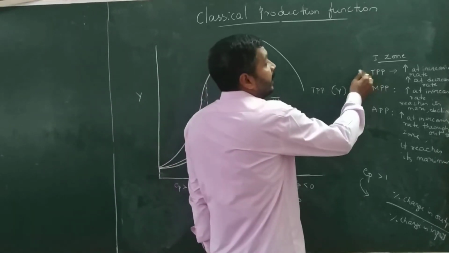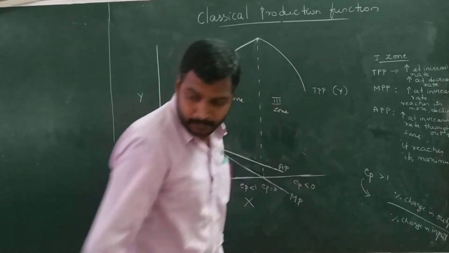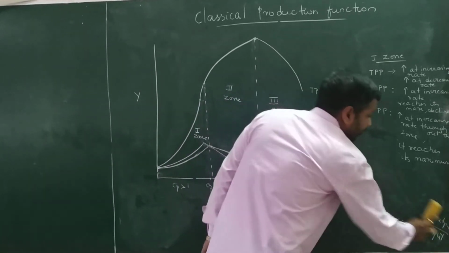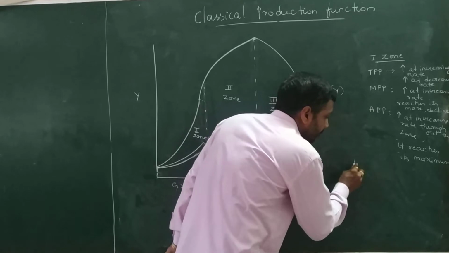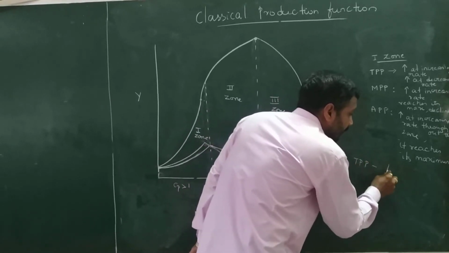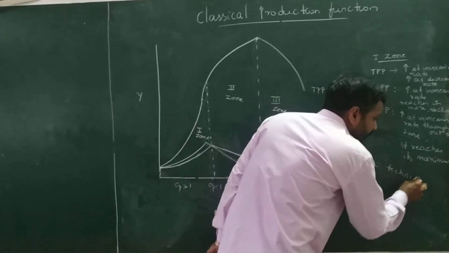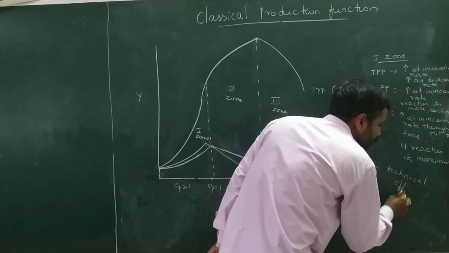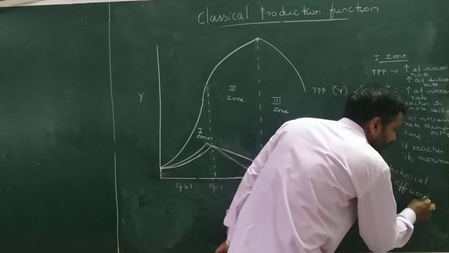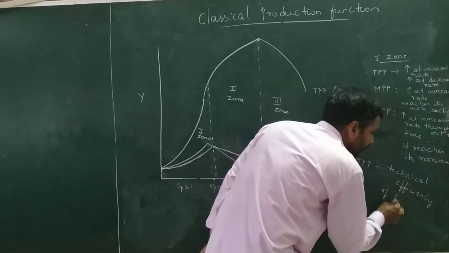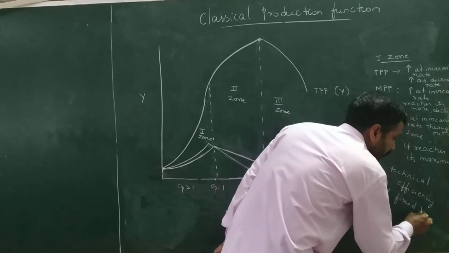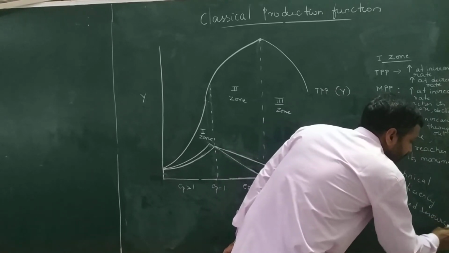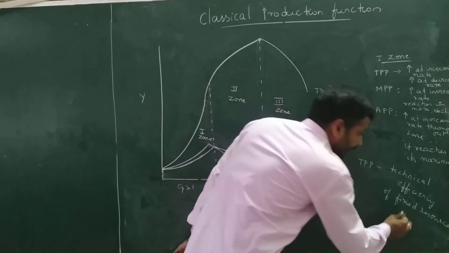TPP actually signals technical efficiency. TPP actually indicates technical efficiency of the fixed resource. In our case the fixed resource is land.